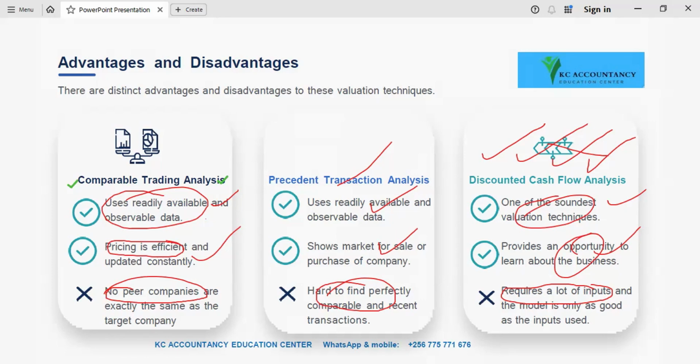So it's great that we have been able to go through the overview of these three really common valuation techniques, and we now know how the DCF technique fits in and how it compares to the other two techniques that we commonly use.